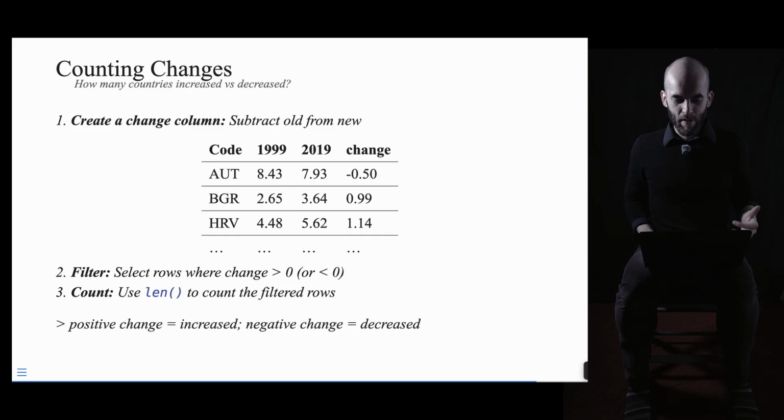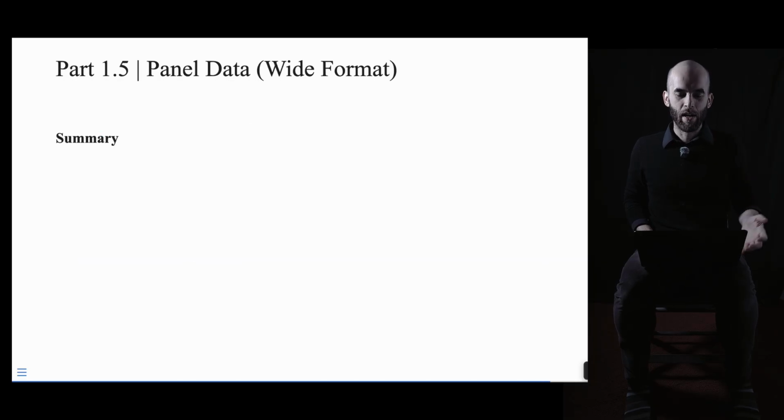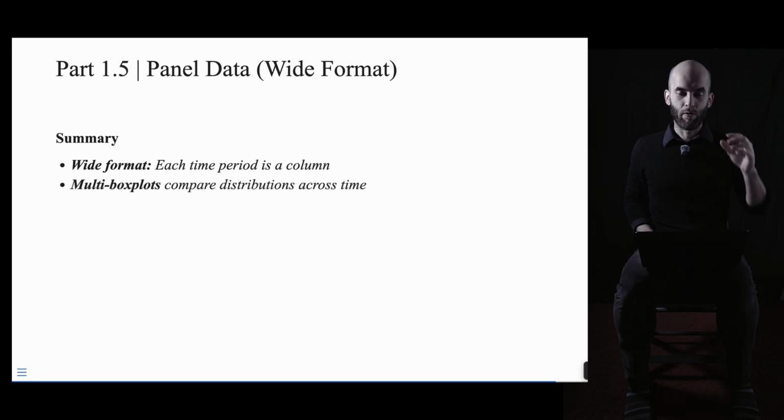So we're going to do all of this in our exercise, but I just want to talk you through a bit of the summary before we go there. So what have we done? We've introduced a wide format panel data where every time period is a column instead of including time in rows.